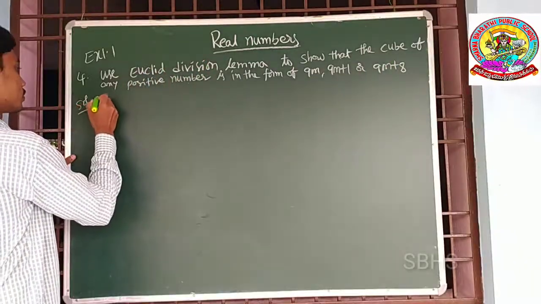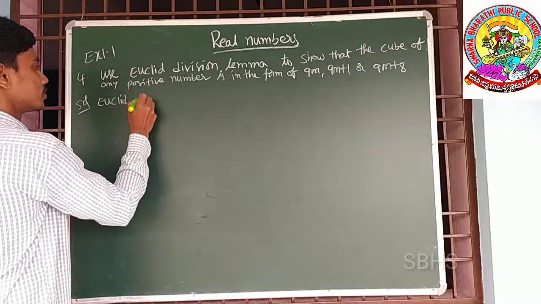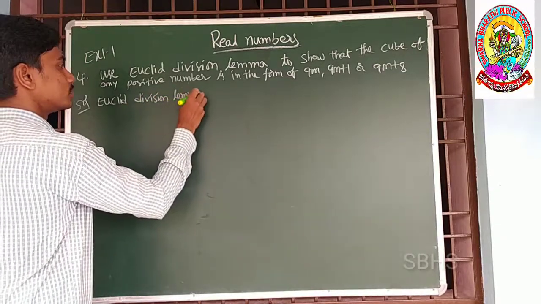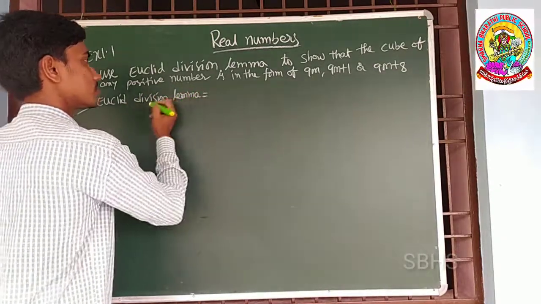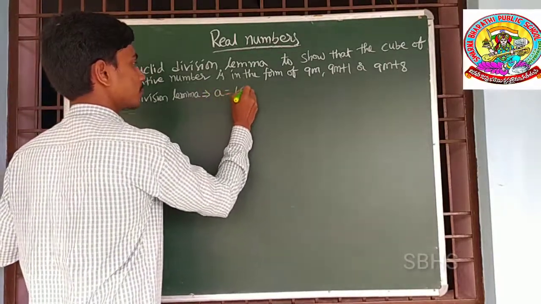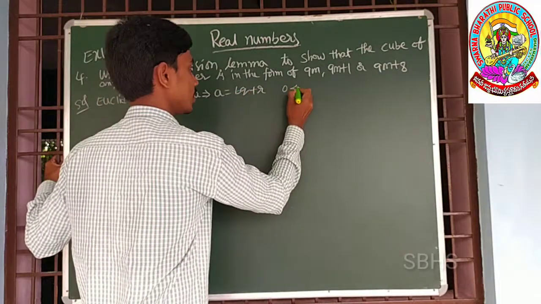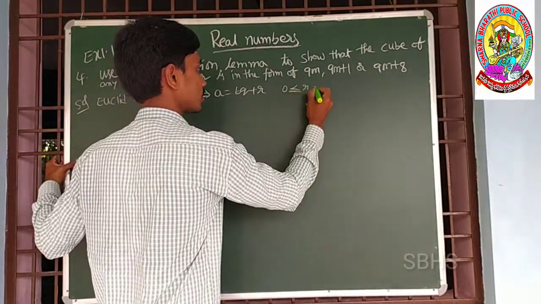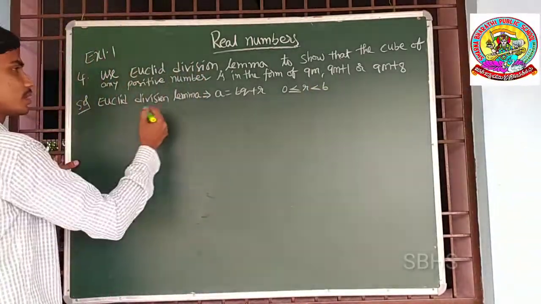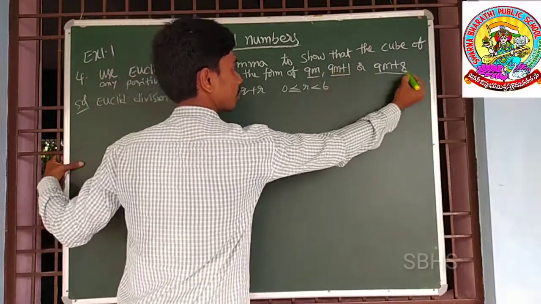Solution: Euclid division lemma is a equal to bq plus r. Here r satisfies the condition 0 less than or equal to r less than b. Here the given forms are 9m, 9m plus 1, 9m plus 8.